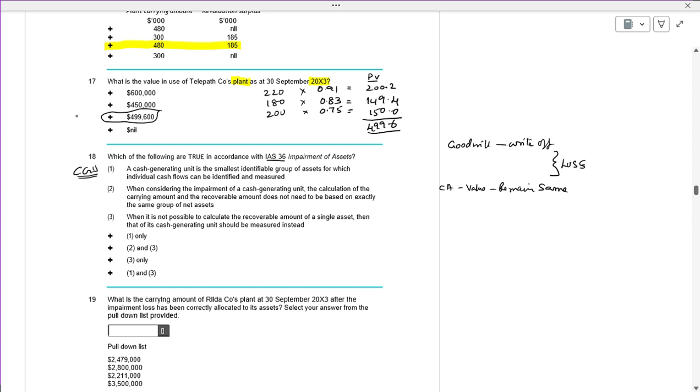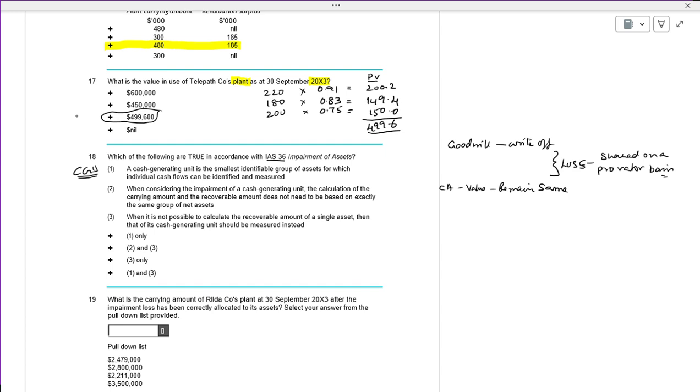The rest should be shared on a pro rata basis, proportionally. We will do the same thing in the next question.